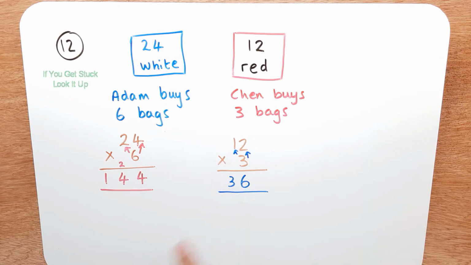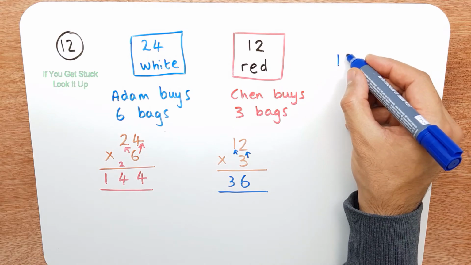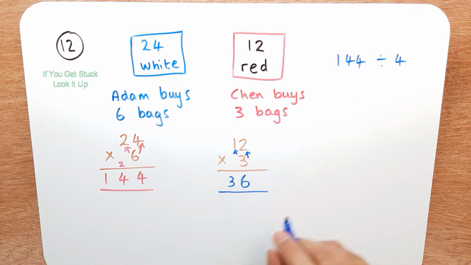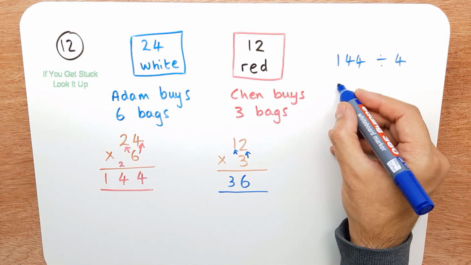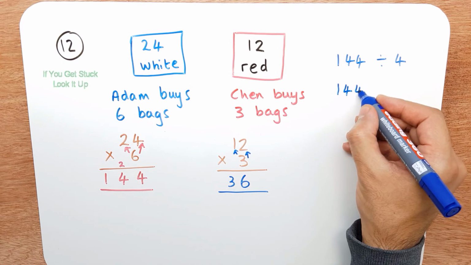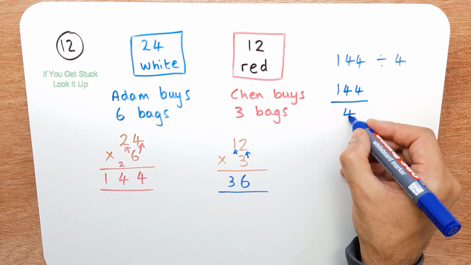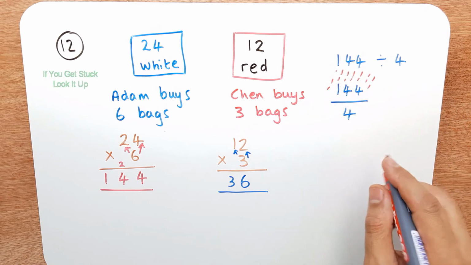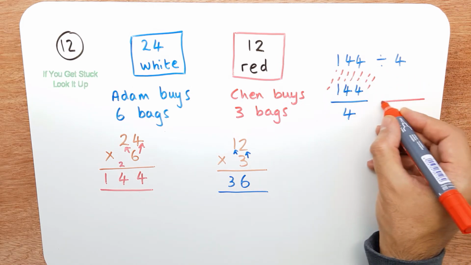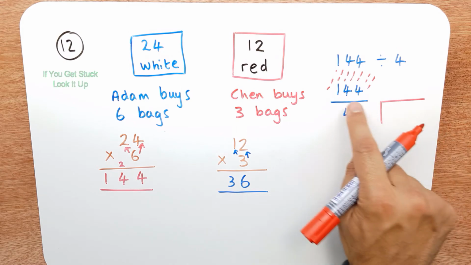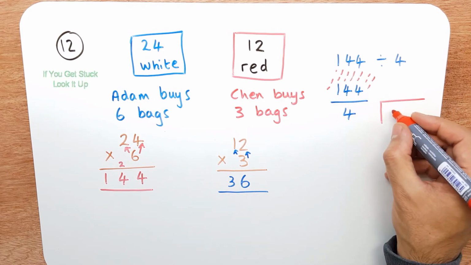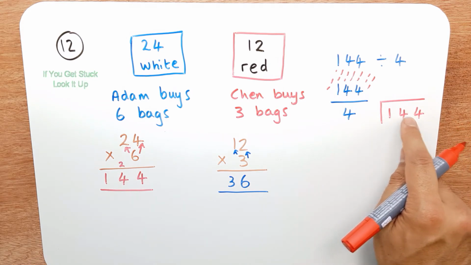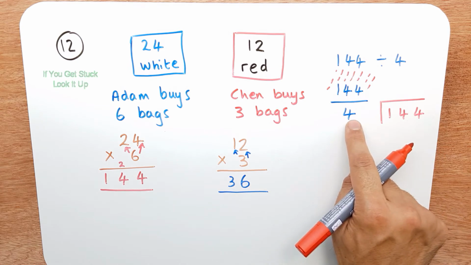So let's do that here. 144 divided by 4. So I'm going to write it like I do. 144 divided by 4. It's raining tomatoes, and we build a bus shelter, and we put 144 inside the bus shelter to keep it dry from the tomatoes, and we put 4 outside.